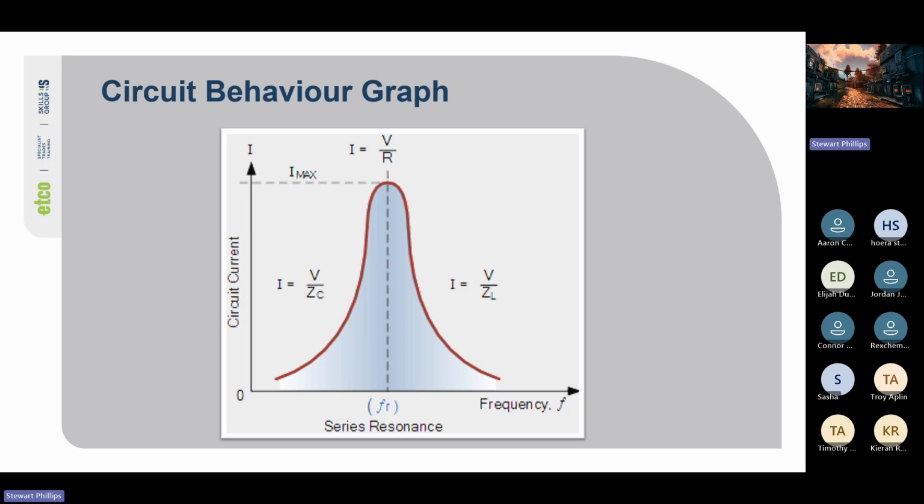But as we go to a lower frequency, capacitive reactance increases, so we get a capacitive impedance, and then the opposite if we increase frequency. Is this making sense to everyone, or do I need to go over something again?